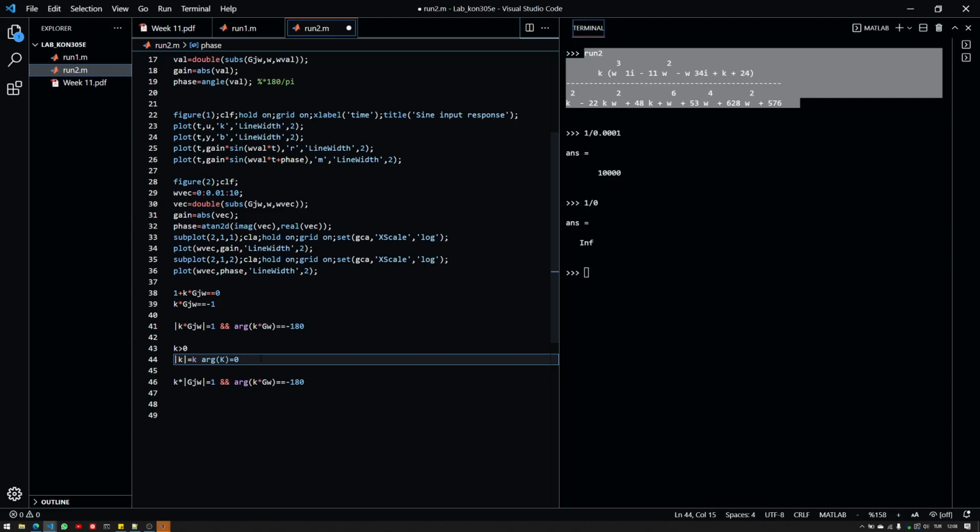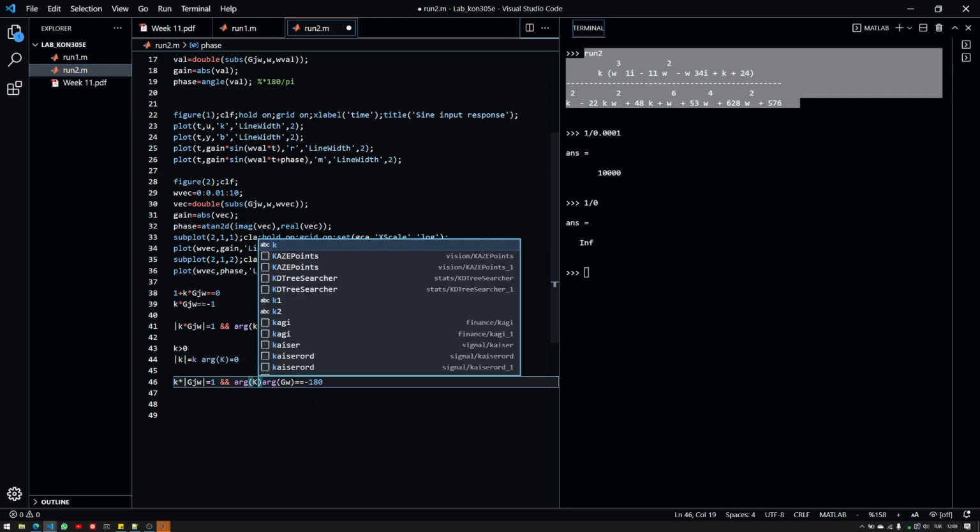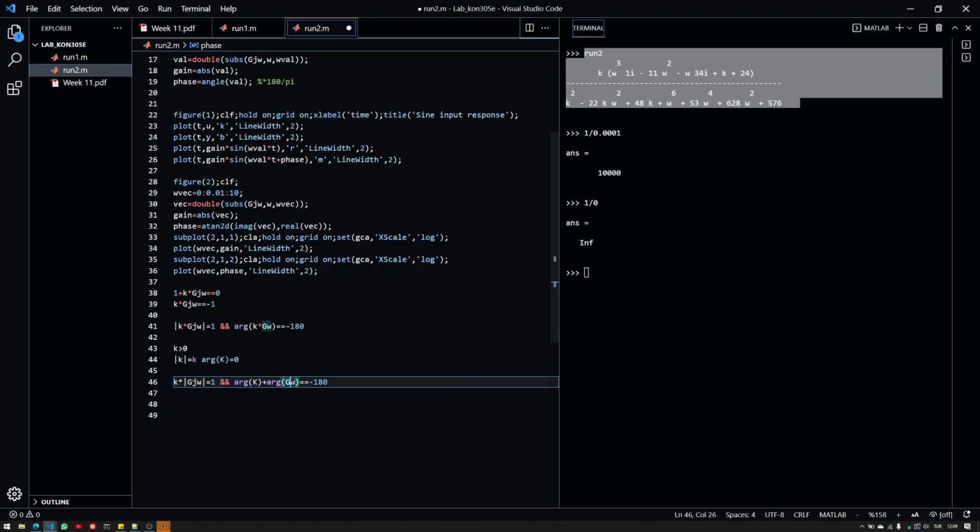Its angle would be 0. So therefore, I can just say that the argument of k plus the argument of g j omega should be equal to -180 degrees, but I know that k is a positive scalar, so I get rid of it.